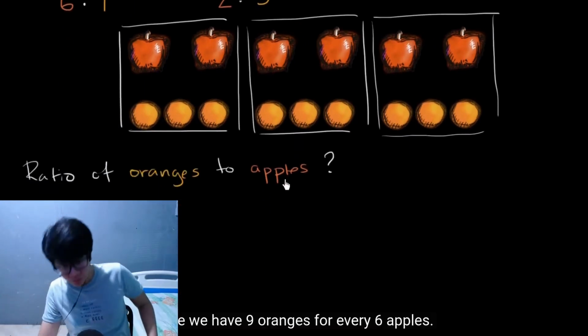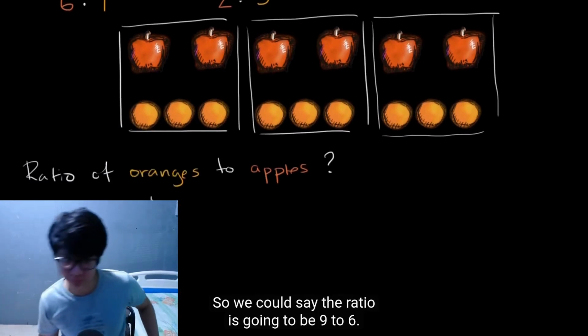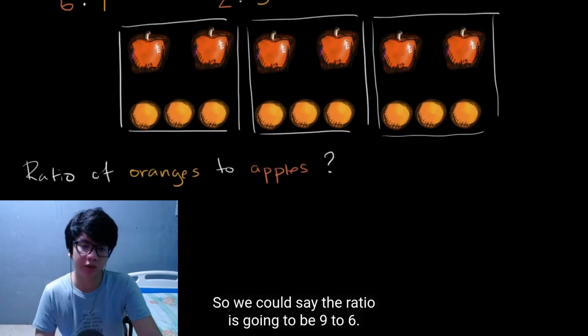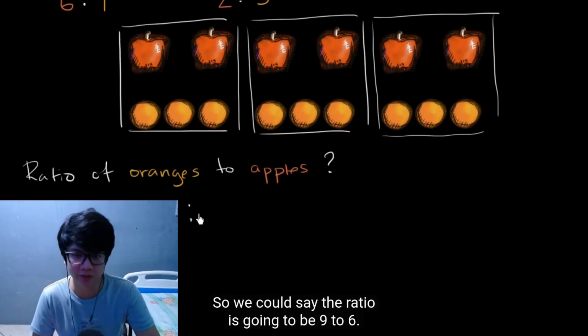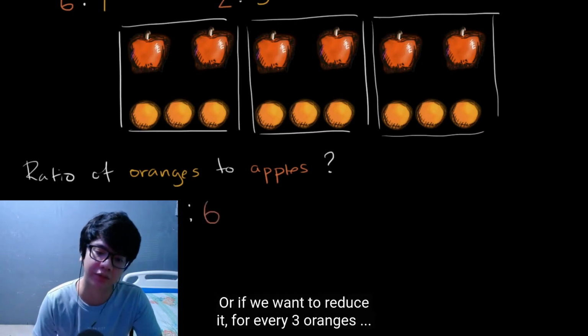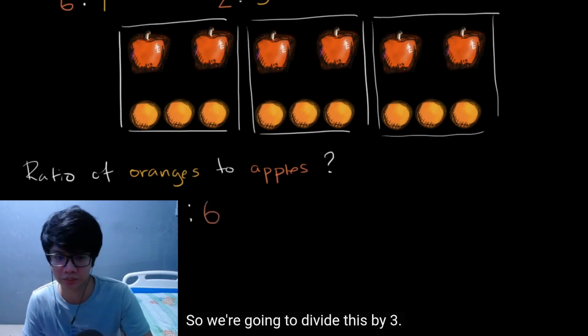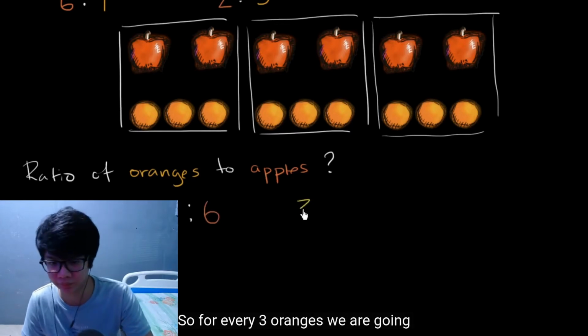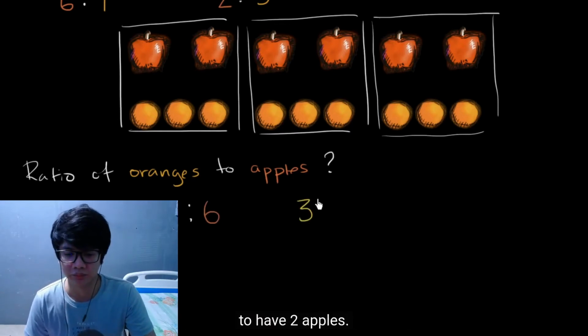Here we have 9 oranges for every 6 apples. So we could say the ratio is going to be 9 to 6, or if we want to reduce it, we're going to divide this by 3. So for every 3 oranges, we are going to have 2 apples.